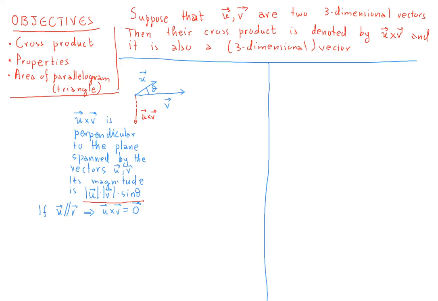Now, to give you an idea about how things are going to work here, the vector i, when you take the cross product with the vector j, you actually get the vector k. So if you took the vectors i, j, k, and you adapt your fingers like that, and then apply them to the specific vectors that you're looking at, you would be able to guess the direction of the cross product.